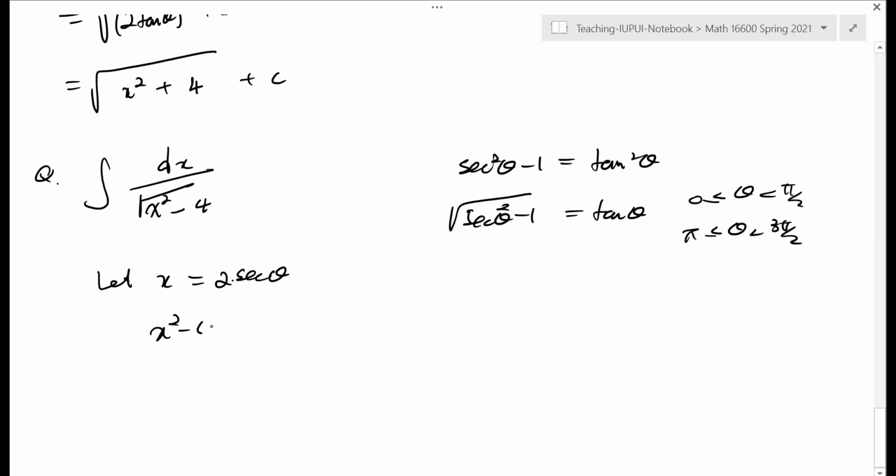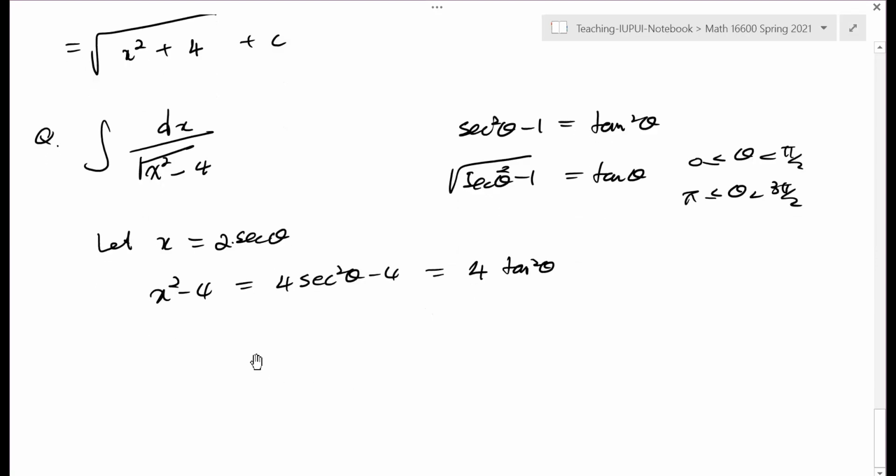Then x squared minus 4 is going to be 4 secant squared theta minus 4, which is 4 tangent square theta. And also I need to take a look at dx. dx is 2 times the derivative of secant theta, which is tangent theta secant theta d theta.